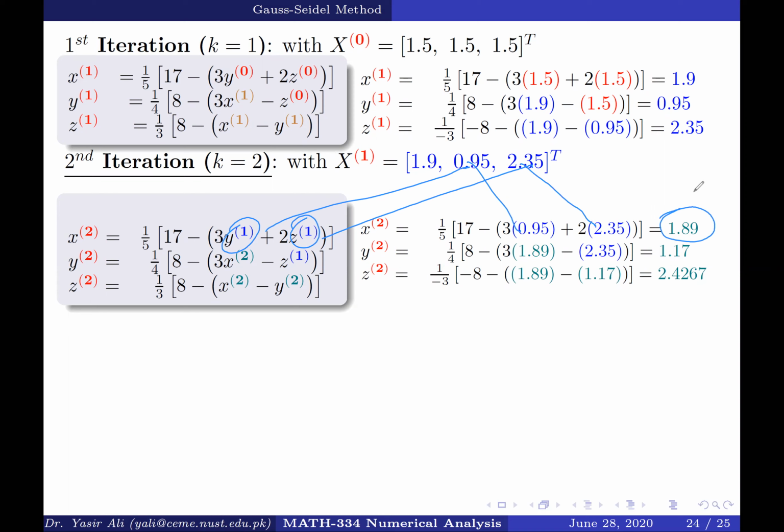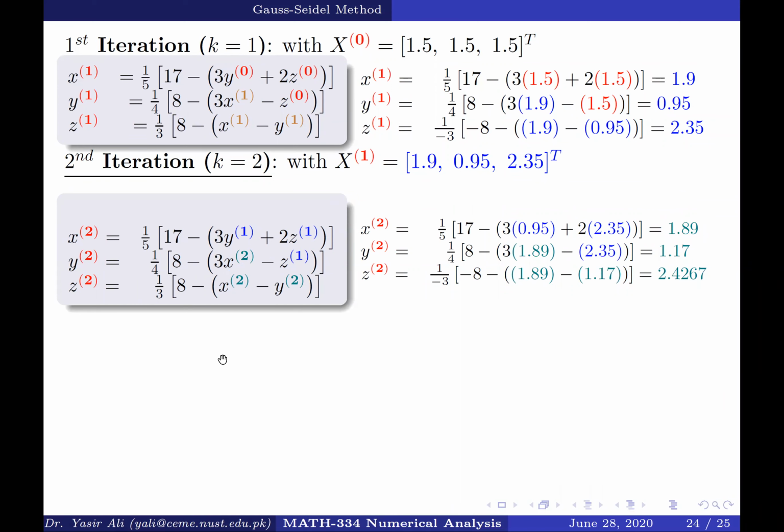Now, when I have x, I will use this value, and I will get the other variables. So 1.89 over here, and the previous value of z here, and 1.17 is the answer, and both these new values will be used to calculate further. This is the method that we generally use for the calculation of variables in Gauss-Seidel method.